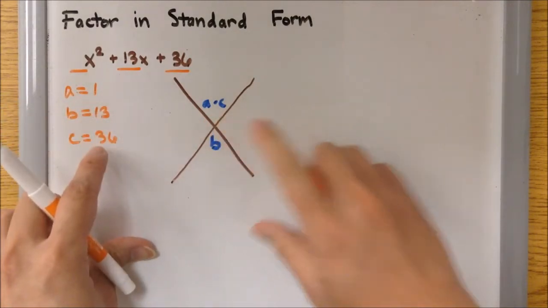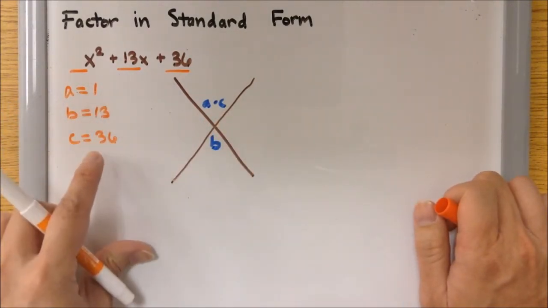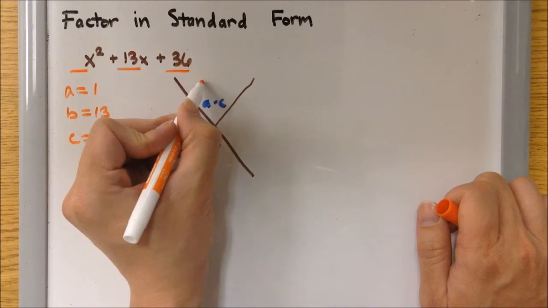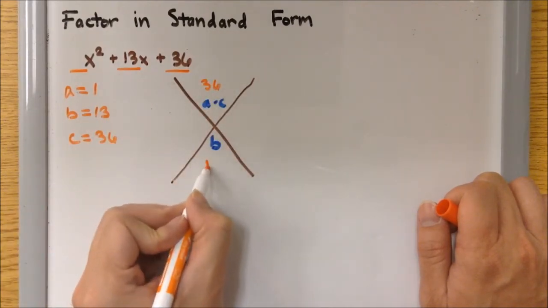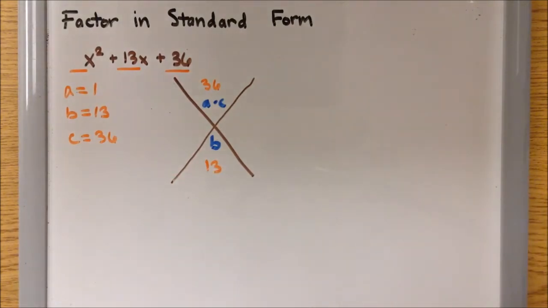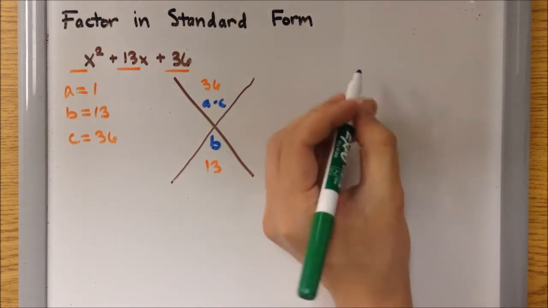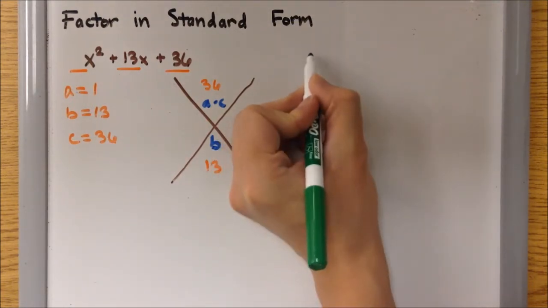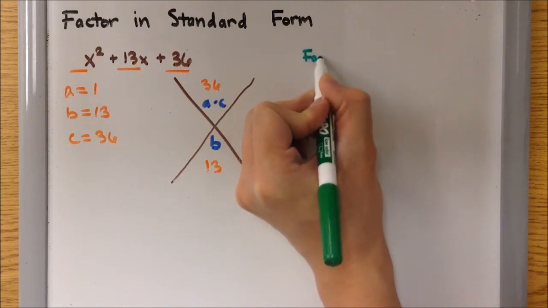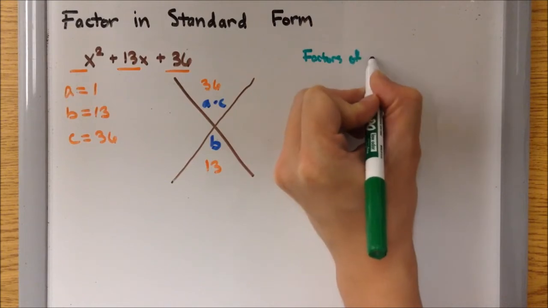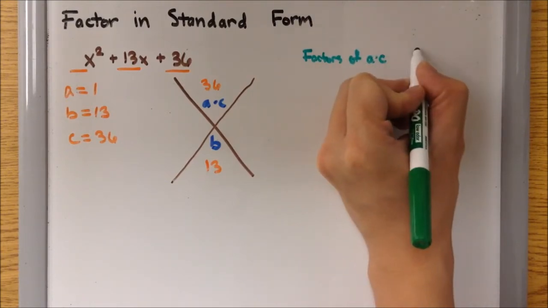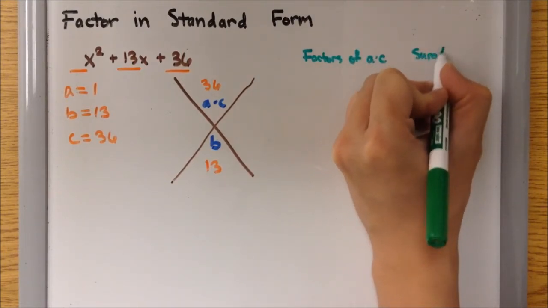So 1 times 36, positive 1 times positive 36, is positive 36. And then b is 13. Next, first we're going to identify factors of a times c, and then sum or difference.